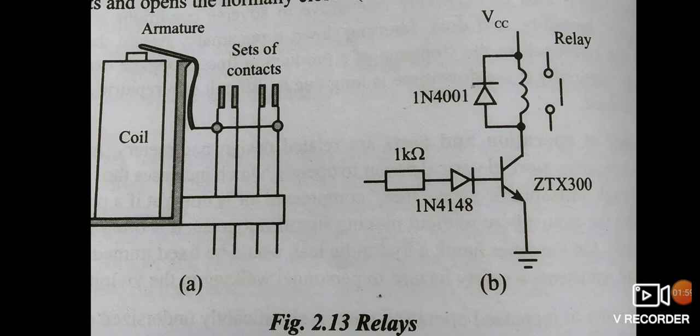The output from the controller is a relatively small current, and a much larger current is needed to switch on or off the final correction element. For example, the current required by an electric heater in a temperature control system, or a motor. In such a situation, they are likely to be used in conjunction with a transistor, because relays are inductances.